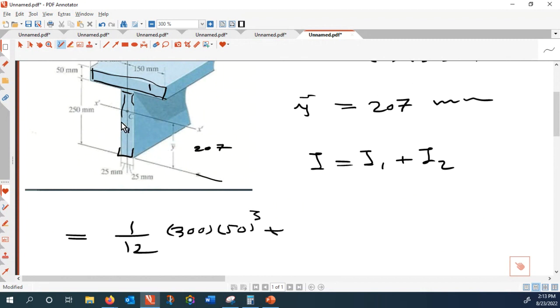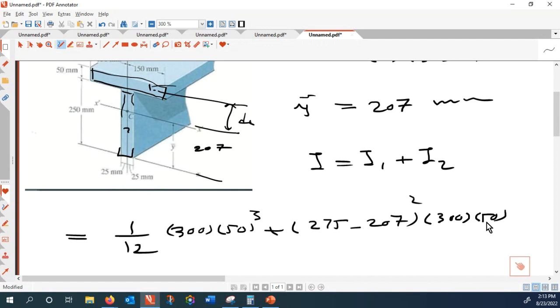And the penalty we pay is based on how far the center of this one is with respect to here. That is D1, which is 275 take away 207, squared, multiplied by the area. So that is the first one.